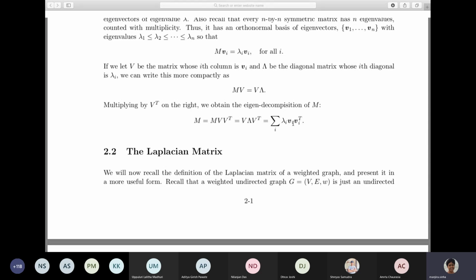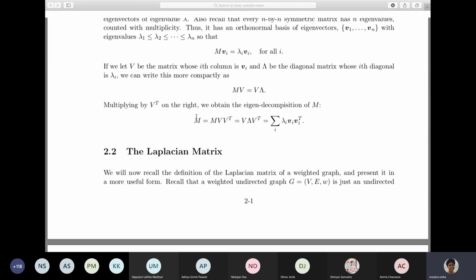Now vi has dimension n cross 1, so vi transpose will have dimension 1 cross n. So this results in a matrix of n cross n. That is how M is equivalent to this.